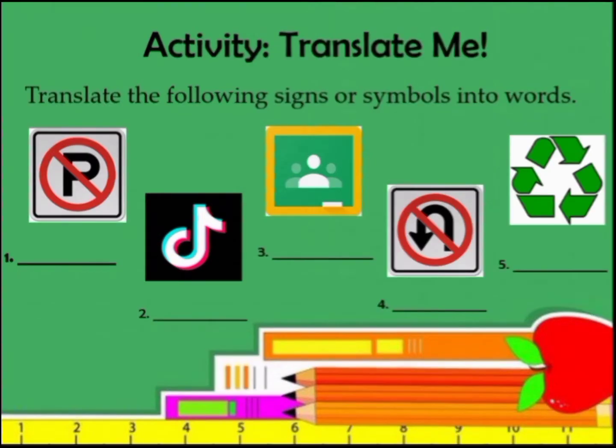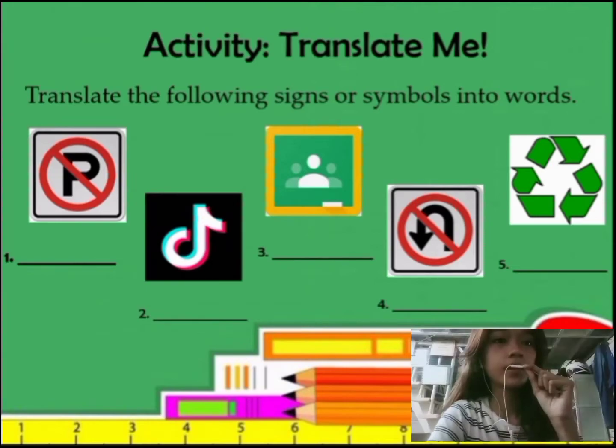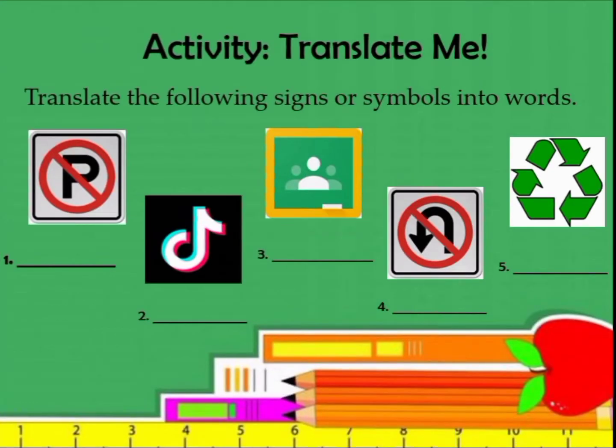It says here, translate the following signs or symbols into words. Based on the picture, what signs or symbols does it represent? For number 1, who can answer? It's no parking po. Let us see. Very good, Micaela. Number 1 is the symbol of no parking.